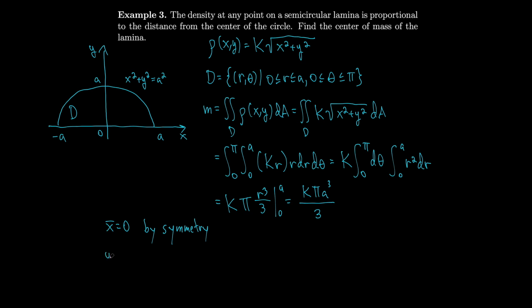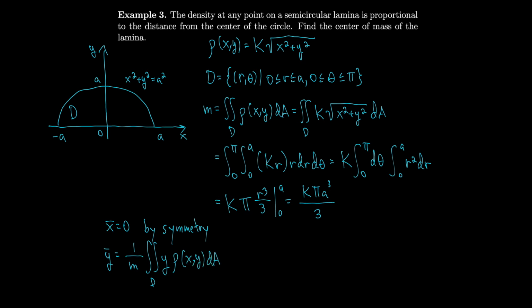Now let's get y bar. So unfortunately there's no symmetry on top and bottom over here, so we have to compute that. So that'll be 1 over the total mass times the double integral of y rho of xy dA. Oh, I forgot my y. That's the whole distinguishing point, is that we throw a y in here.